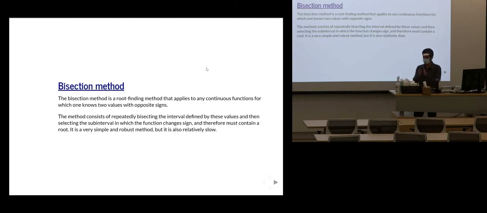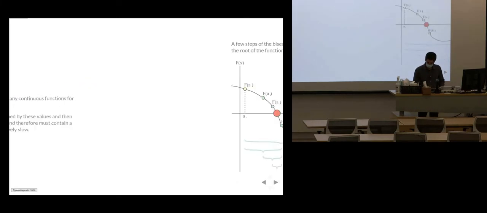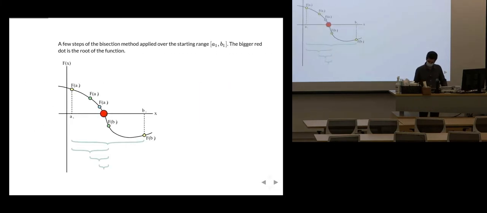By splitting your interval in half each time, you make the interval we talked about in the intermediate value theorem smaller and smaller until you can trap the root in a very, very tiny interval, and that's your solution. So generally, that's the idea.